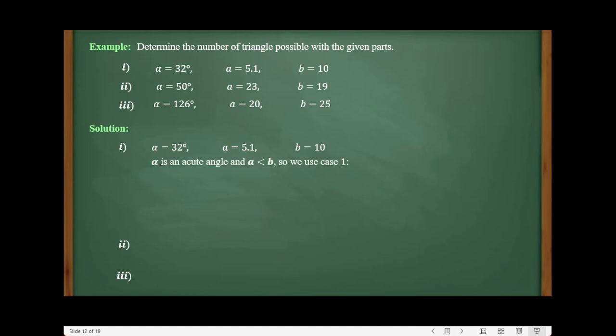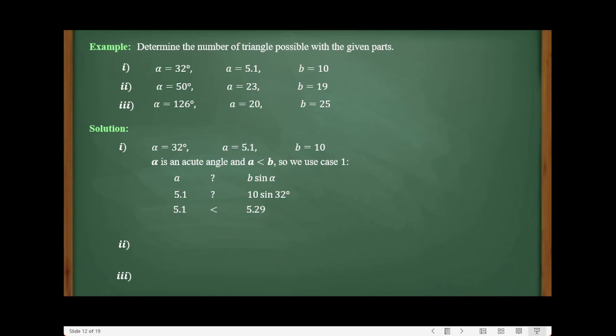Now, alpha is an acute angle and side small letter A is shorter than side small letter B. So we use case 1. And what is that case 1? If we are going to compare this side to the height of the triangle, which is expressed as B sine of alpha, so 5.1 compared to 10 sine of 32 is what?